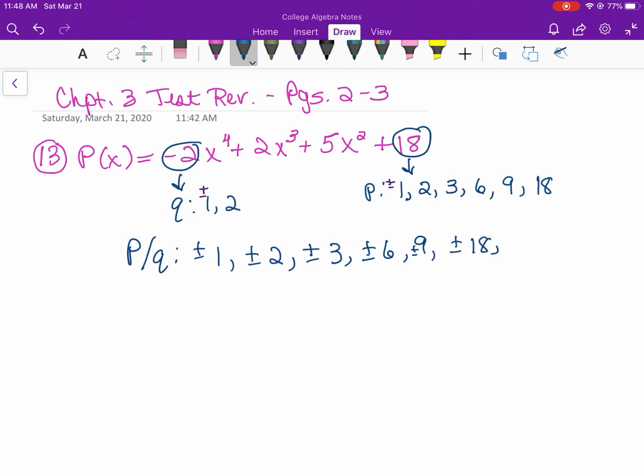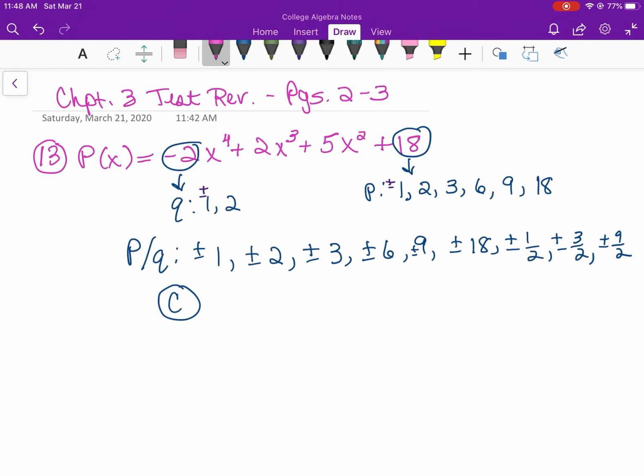Then we'll do 1 over 2, 2 over 2, which we already have, 3 over 2, 4 over 2, which we already have. I'm sorry, there's no 4 over 2. 6 over 2, we already have that. 9 over 2, and then 18. And I believe that is answer choice C.